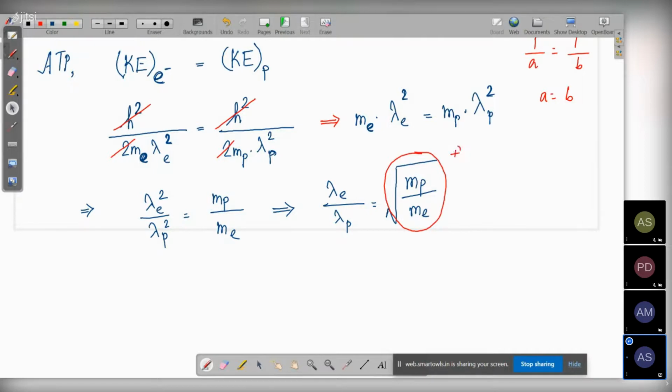That's why it is a positive value, and will come around 2 point something, 3 point something for anything. So it is greater than 1. This value will always be greater than 1. 10, 20, 50, 60, whatever. But yes, it will always be greater than 1.